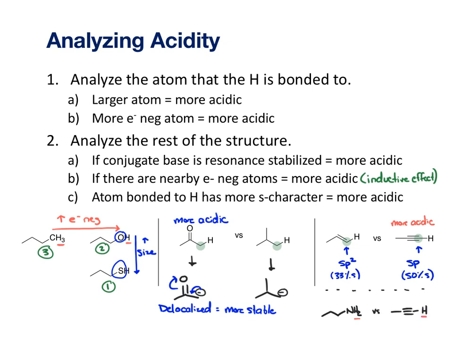If you follow these rules in order, you would get to the atom effect and say, well, I'm comparing a carbon versus a nitrogen. Nitrogen's more electronegative, the amine should be more acidic. In this exception, the hybridization of the carbon being sp kind of takes priority over the sp3 nitrogen. Usually that's not going to be the case. This is just an exception here, and the alkyne is more acidic.